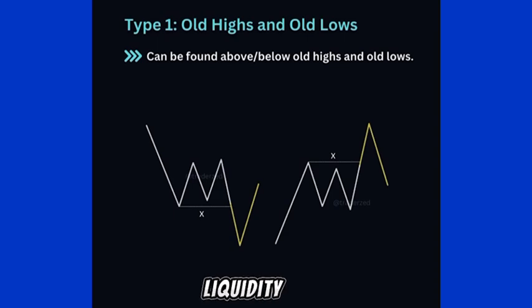So when we talk about liquidity here, we have three types of liquidities, right? Type 1 is old highs and old lows liquidity, right? You know, sometimes the chart makes higher high and then higher lows. The long line that you see that is going all the way to the top is the line that is going higher high.